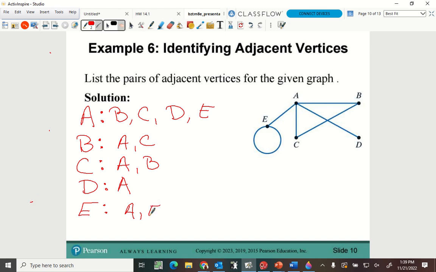What is this thing called? It's a loop, a circle. It connects to itself. So that is a loop, so it's going to be A and E on that one.